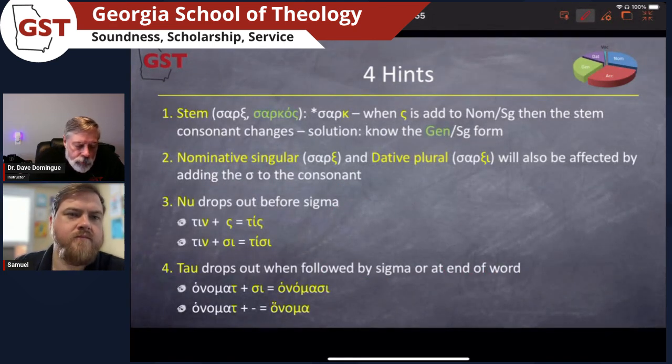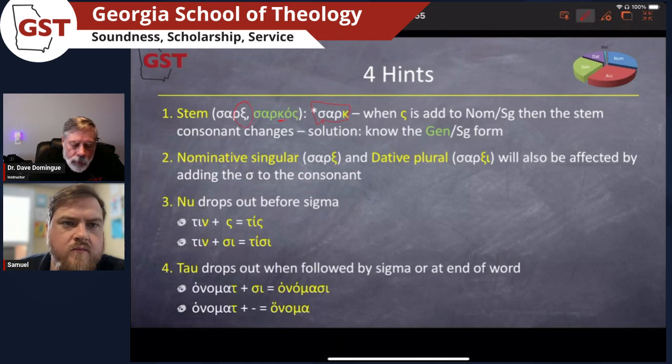So the stem of sarx is best visible in the genitive, right? So here's the stem with the kappa, and when the sigma is added in the nominative singular, the stem consonant changes. We're going to show you why, but you can see the stem when you get to the genitive singular form, and that's in the lexical, the dictionary form, all right?